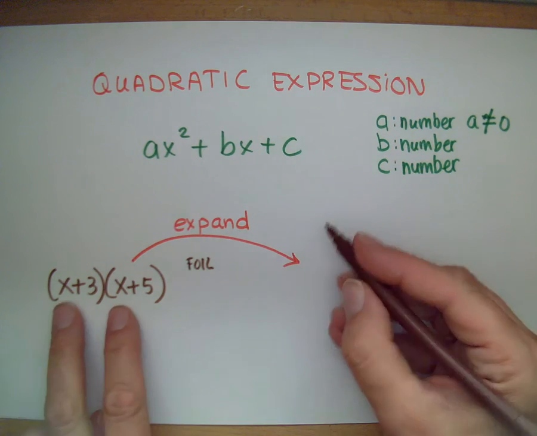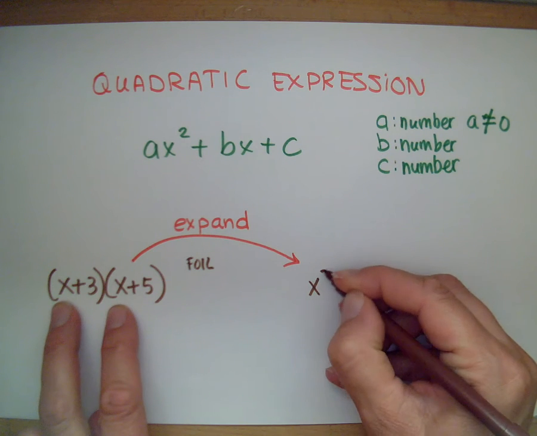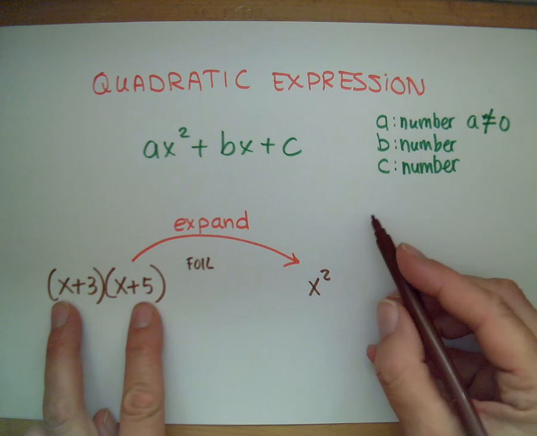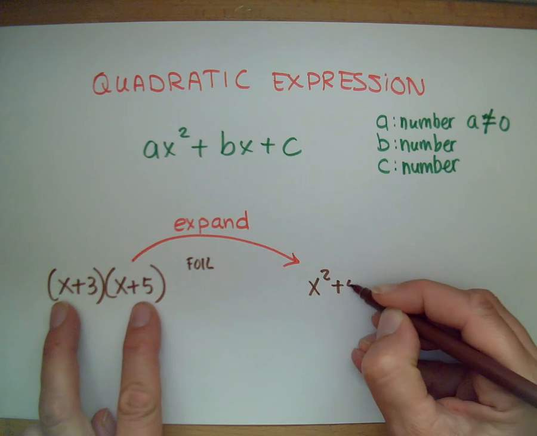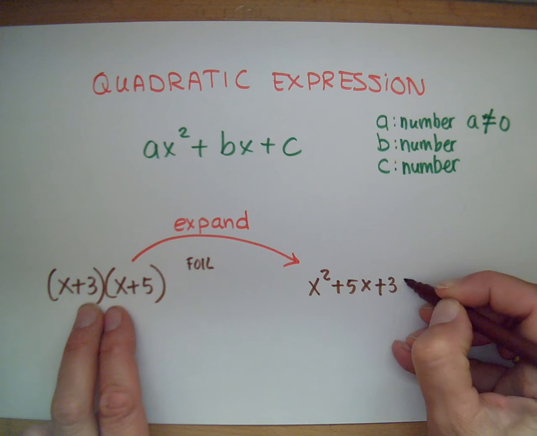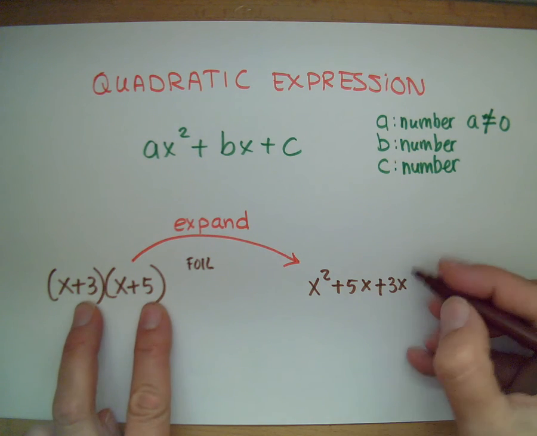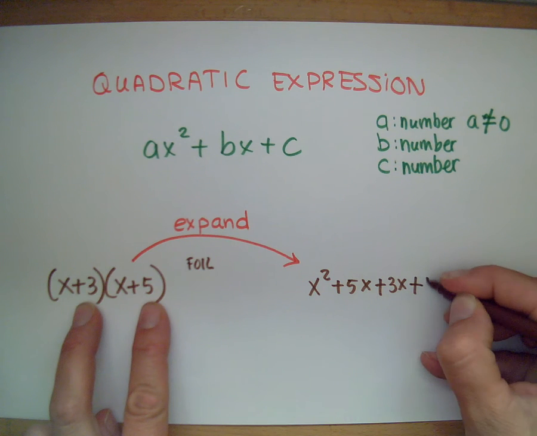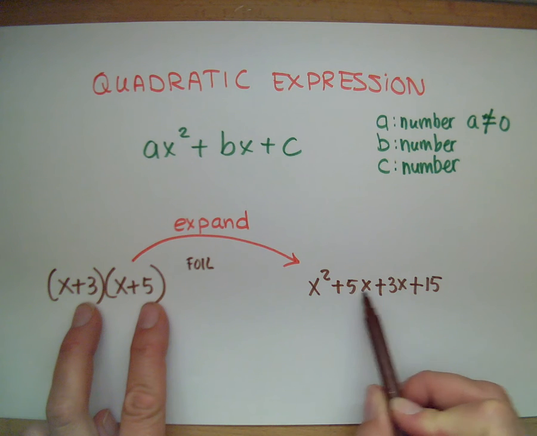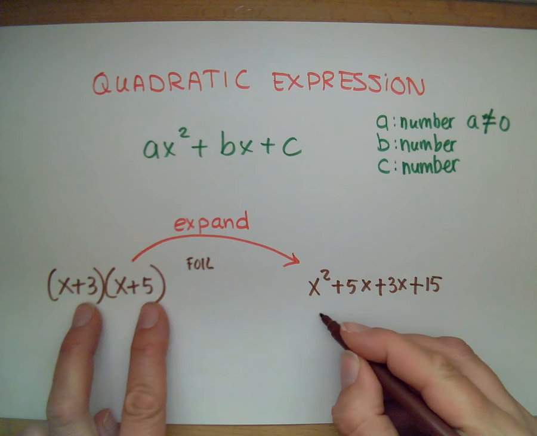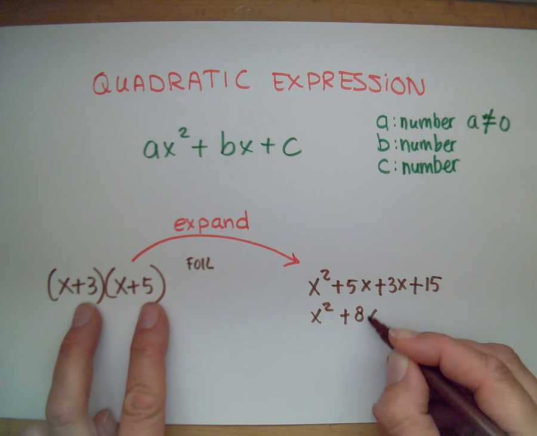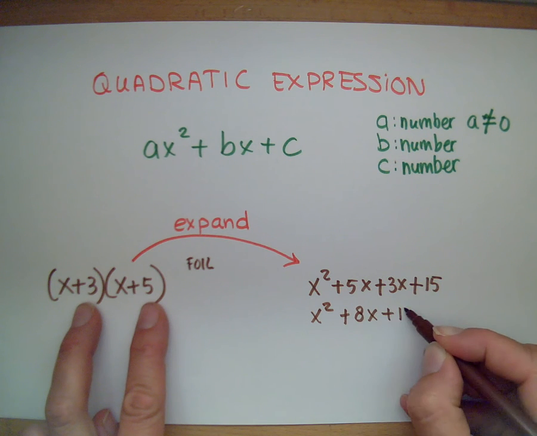We multiply the first, x times x, the outside, x times 5, so plus 5x, the inside, plus 3x, and the last, 3 times 5 is 15. Then these two are like terms, so we can combine them. 5x plus 3x is 8x plus 15.